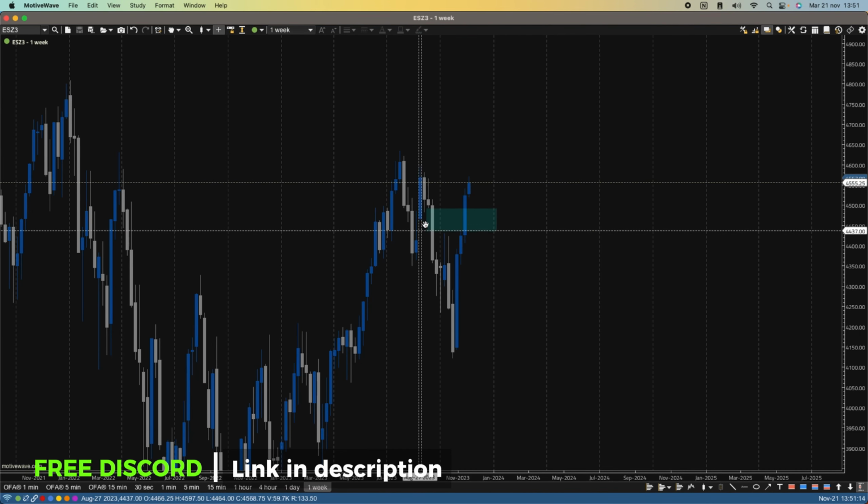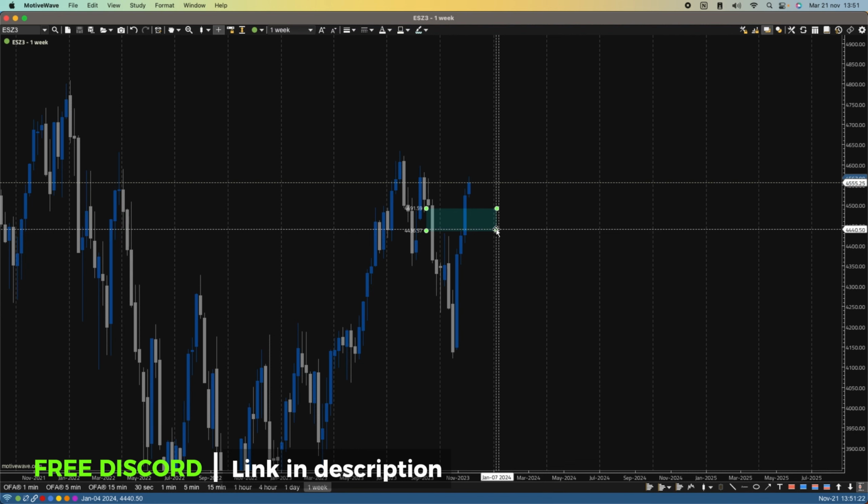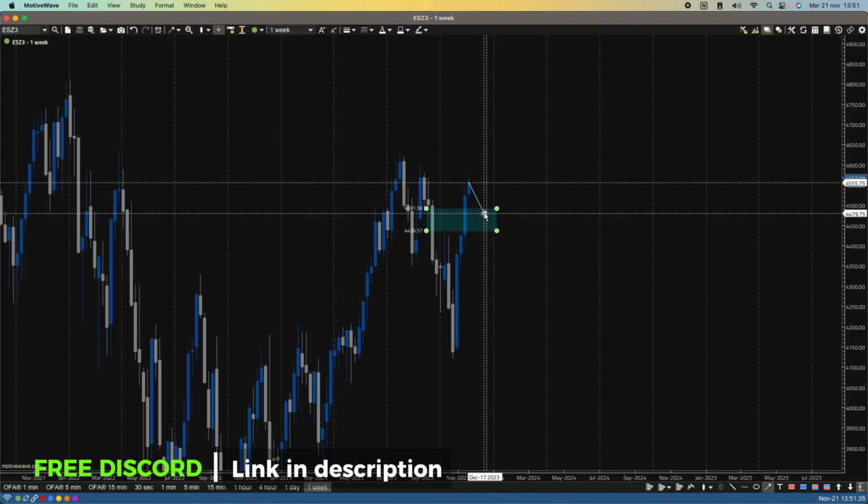I don't know how to name it, but this is an implied fair value gap, or probably a BPR, balance price range, something like this. Basically this is a very high potential zone in which price could retrace and react.